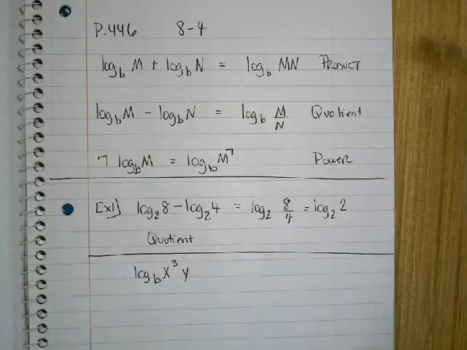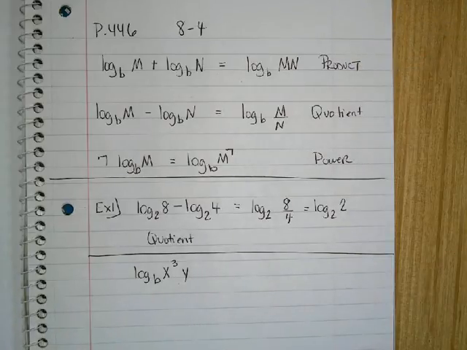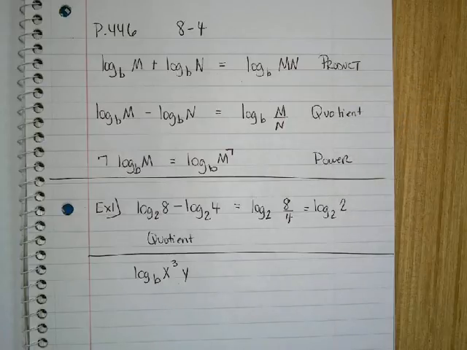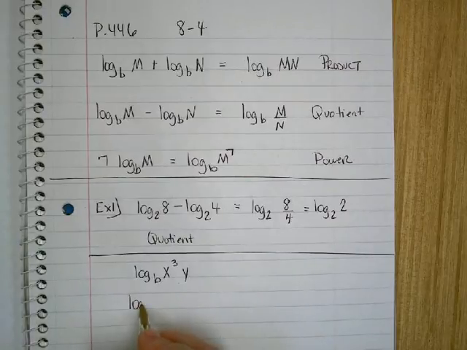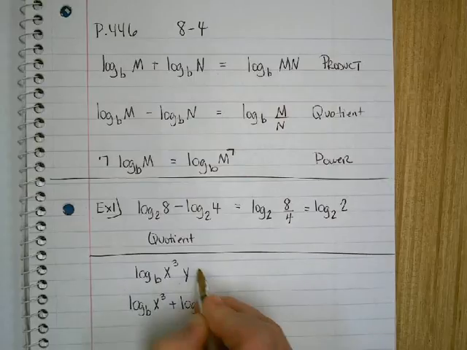If things are being multiplied, which property is that? Product. Then x has the exponent 3 on it, so that means I'm using another one of those properties, which is the power. We're going to separate it one at a time. So we're going to do the product part first. We're going to say log base b of x to the 3rd plus log base b of y. That's what that equals.